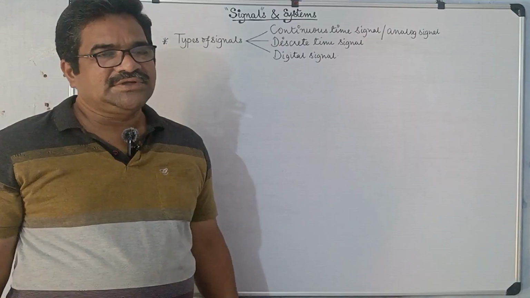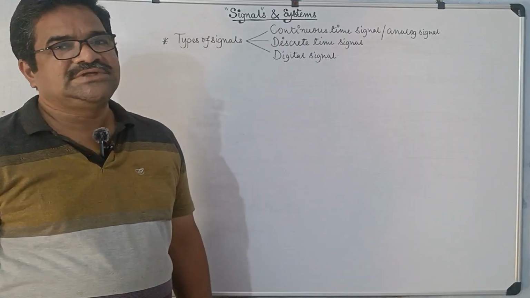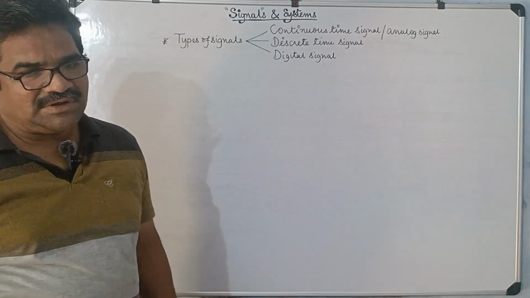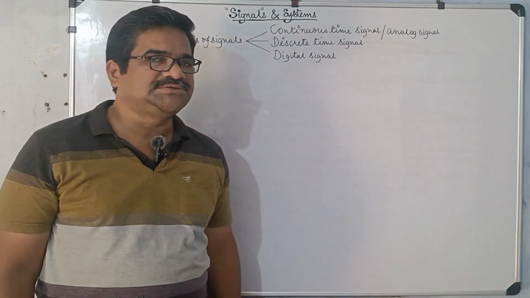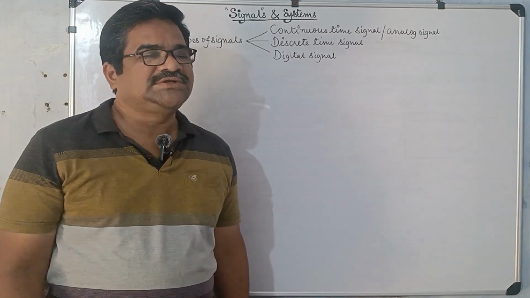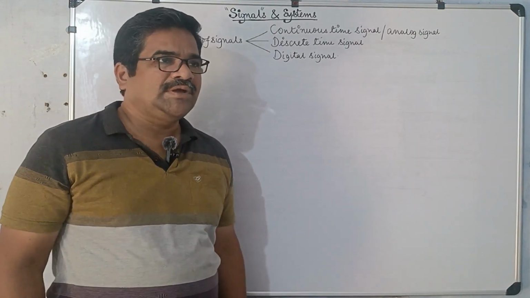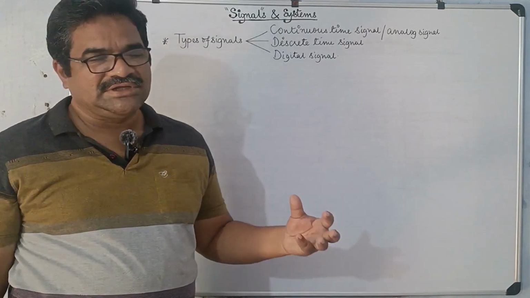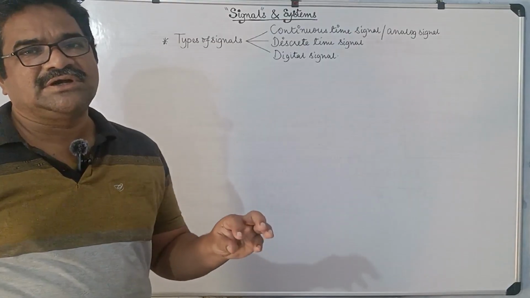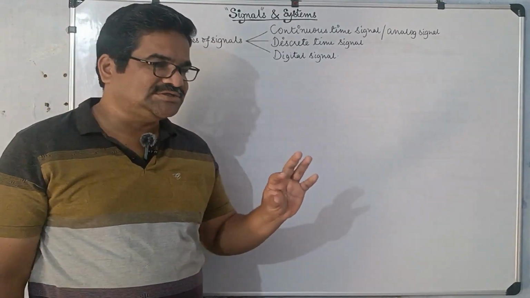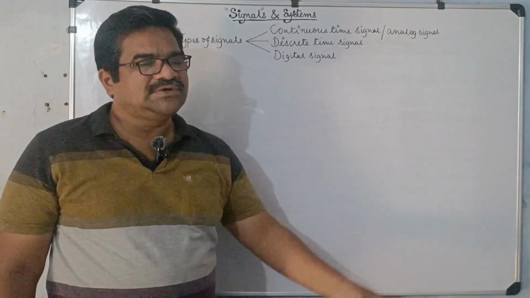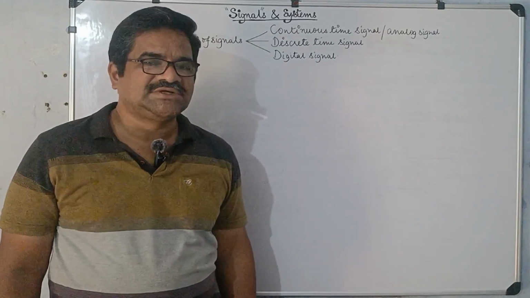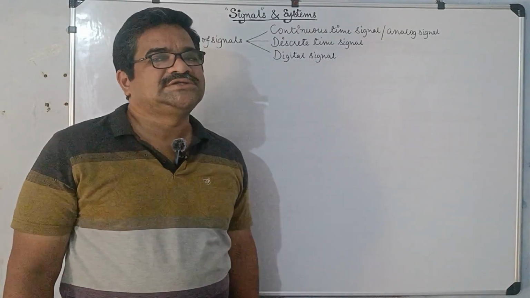So if I want to give a signal to these systems, all these devices, you have to give a digital signal as the input. But whatever signals we have, which are generated by nature, are all analog signals or continuous time signals. So you need to convert these continuous time signals or analog signals to digital signals.